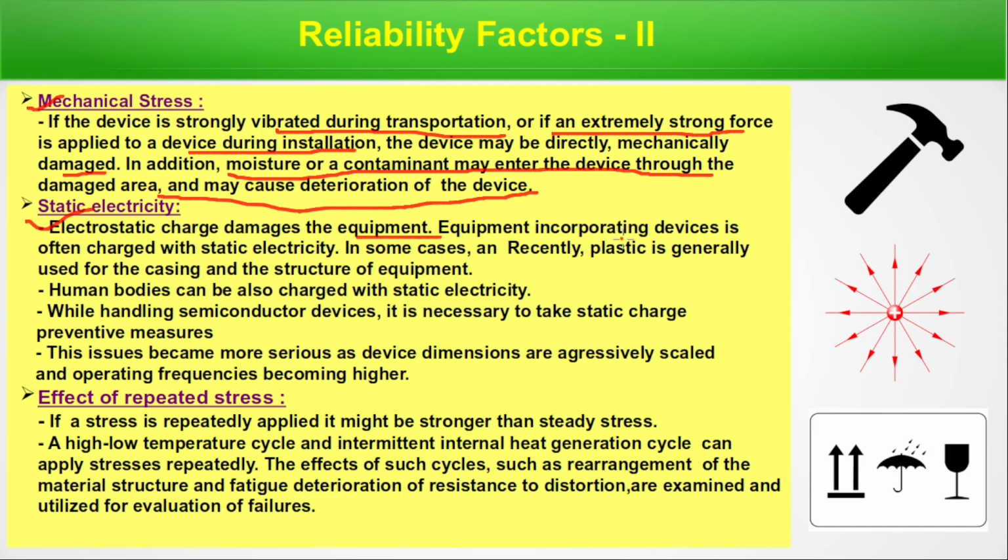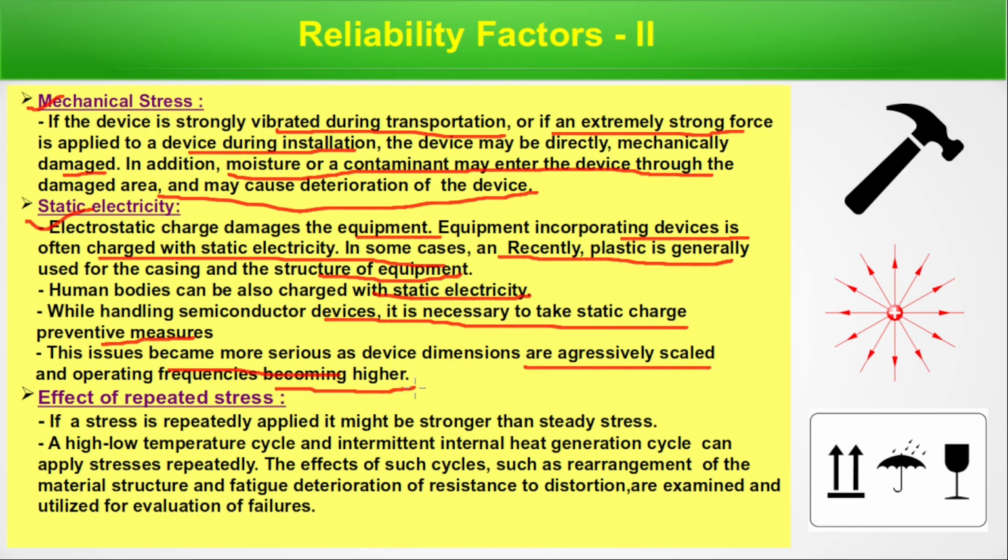Equipment incorporating devices is often charged with static electricity. Recently, plastic is generally used for casing and structure of equipment. Human bodies can also be charged with static electricity. While handling semiconductor devices, it's necessary to take static charge preventive measures. These issues become more serious as device dimensions are aggressively scaled and operating frequencies move higher.